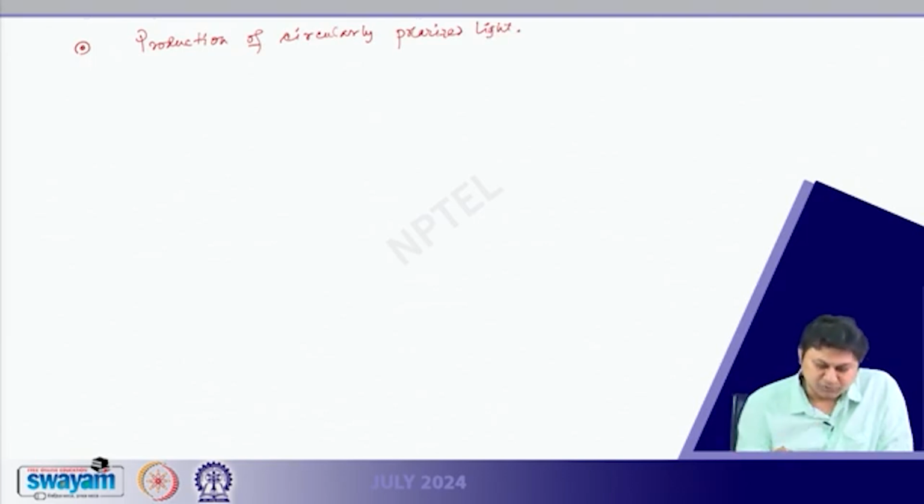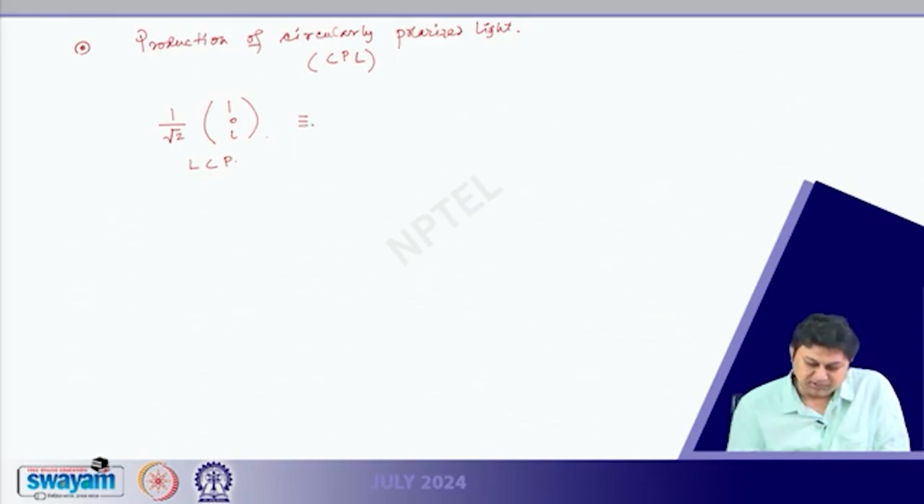So, how do we produce circularly polarized light? Exploiting this matrix tool, the Jones matrix for circularly polarized light, we know, we did it several times. Now, this is a left circularly polarized light.